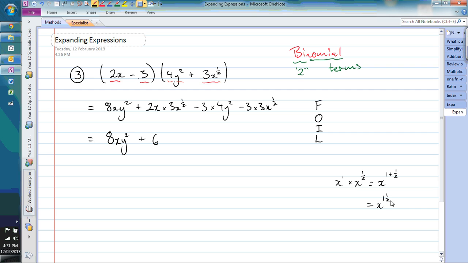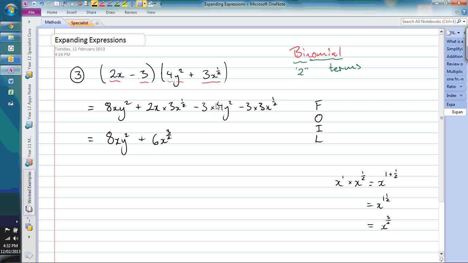Now, I don't really like writing surds like this because it can be a bit ambiguous what this means, whether I mean 1 times a half or 1 and a half. So the best way to do this is to write it as an improper fraction. 1 and a half is the same as 3 on 2. So this term, 2 times 3 was 6, x times x to the half, I've just worked out is x to the 3 on 2.